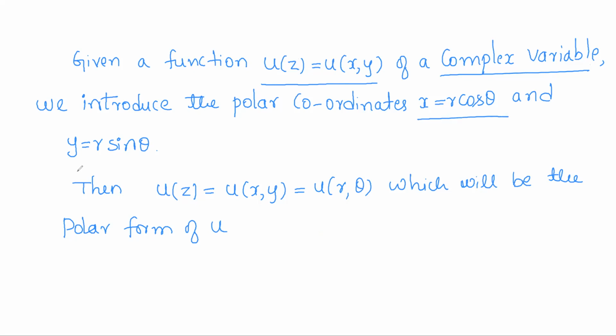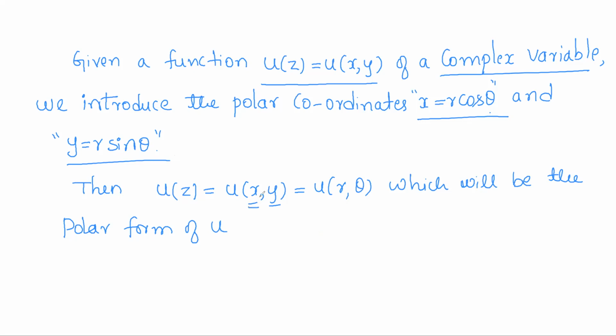Now use the polar coordinates. So u is basically a function of the complex variable z, but z is a function of x and y. Using these polar coordinates, x can be represented as r cos theta, and y can be represented as r sin theta.